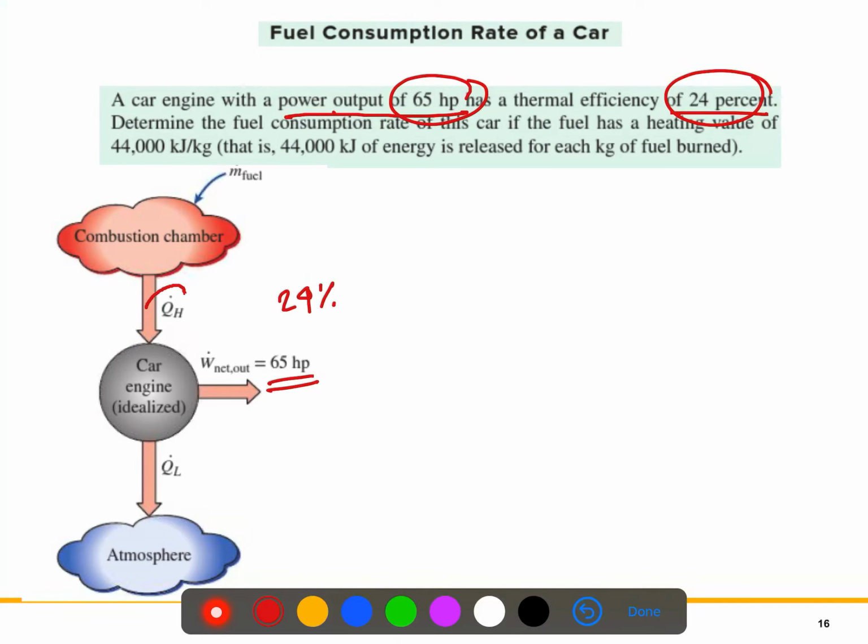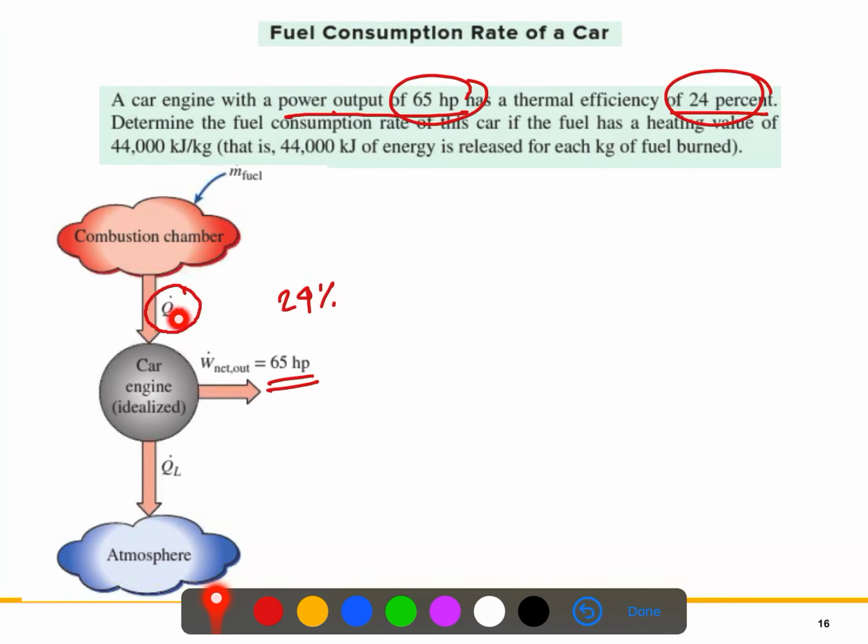That means whatever heat we are getting from this combustion chamber, this heat engine can convert only 24% of that heat into work. But here we don't know this Q H. This is actually not given.